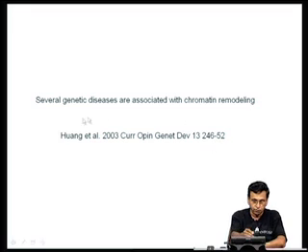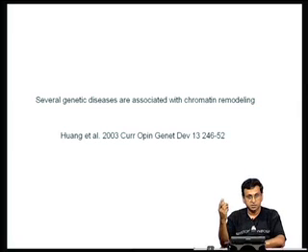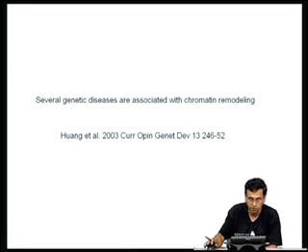There is a very nice review in Current Opinion in Genetics and Development which talks about the various genetic diseases associated with mutations in genes encoding chromatin remodeling complexes, very clearly indicating that chromatin remodeling affects a number of important processes, and that mutations in genes encoding chromatin remodeling proteins can result in genetic diseases, showing that it has a very important physiological function.